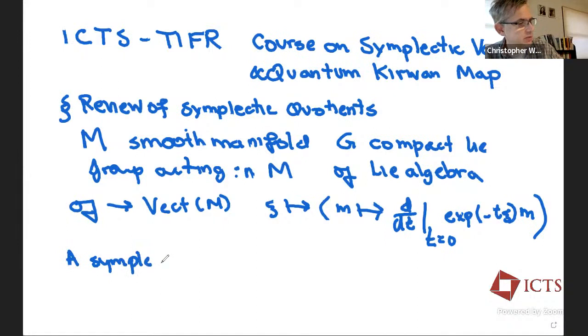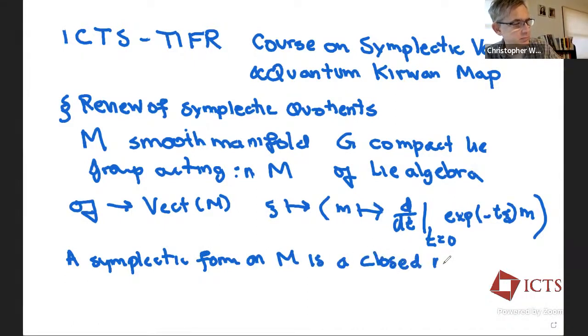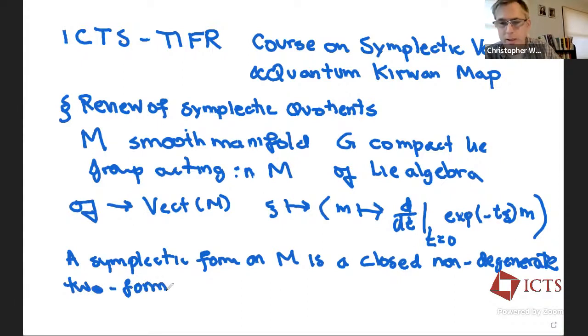So then we'll take a symplectic form on M, which is a closed non-degenerate 2-form. And because I'm from the American School of Symplectic Geometry, that will be called omega.